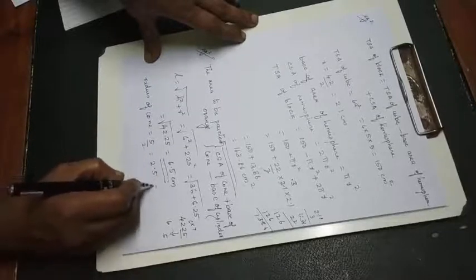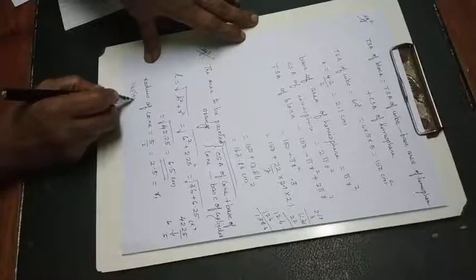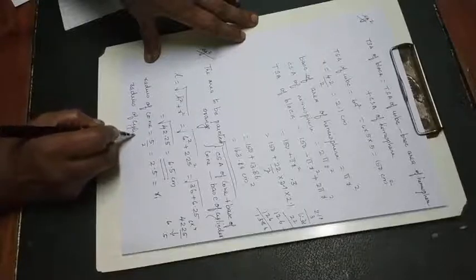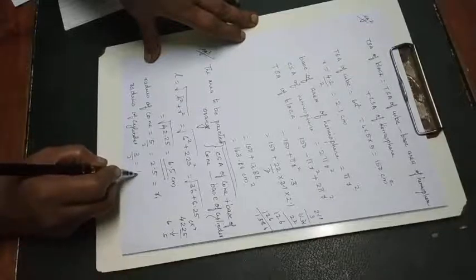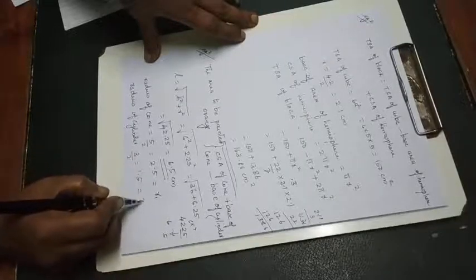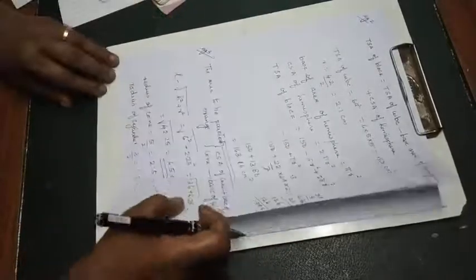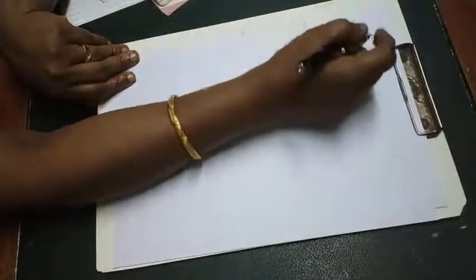So let us mark that one R1. And the radius of the cylinder is equal to 3 by 2, that is equal to 1.5. Let us mark that R2. Okay. Now to find out the base area, or together we can find out.